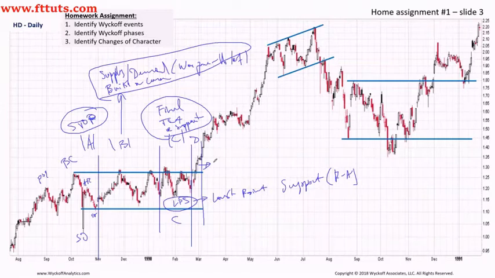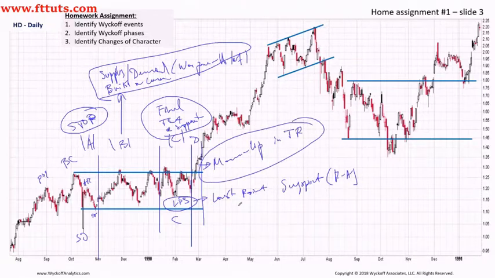Phase D marks the beginning of the uptrend as the price exits the trading range. Okay, so it's a markup in the trading range. This is a little bit different structure where we see an apex formation. Apex formations are going to have different phases D. Okay, great.